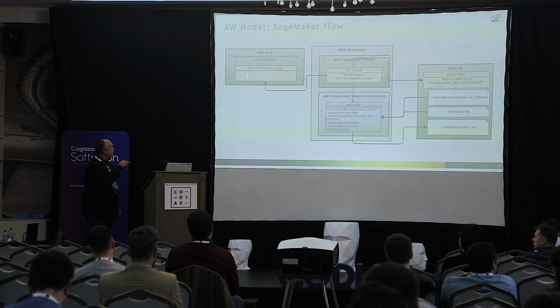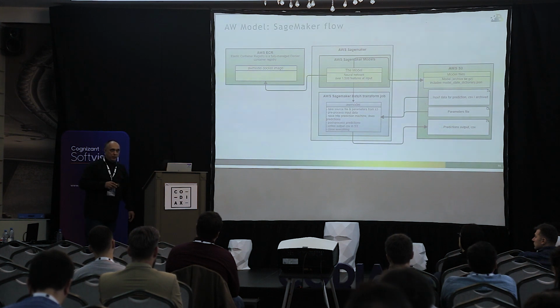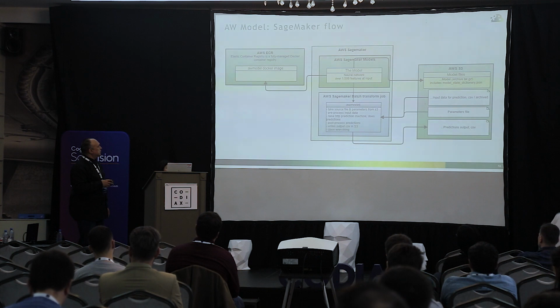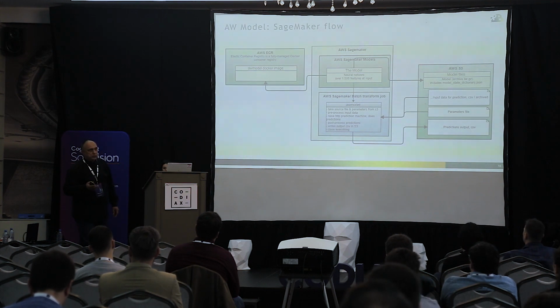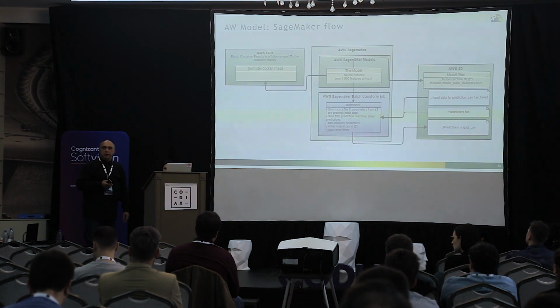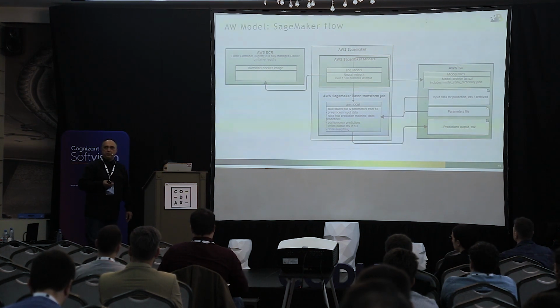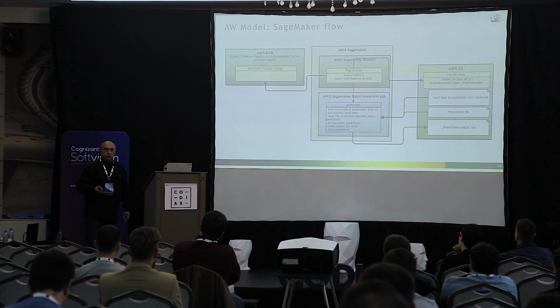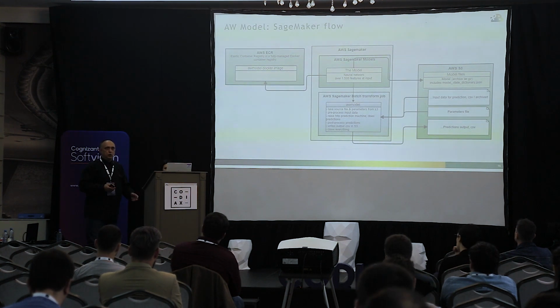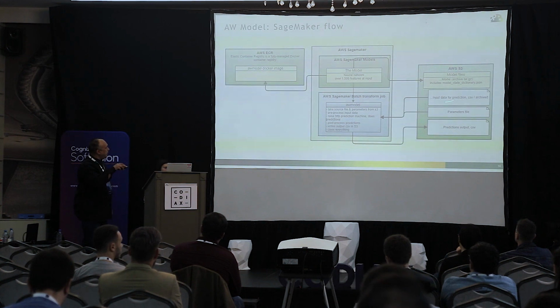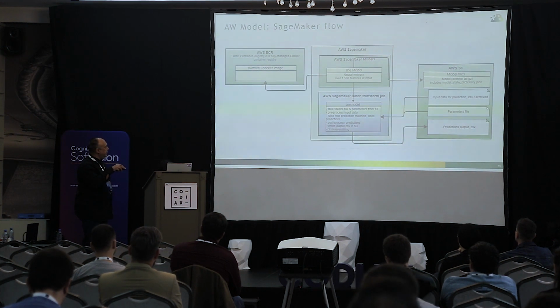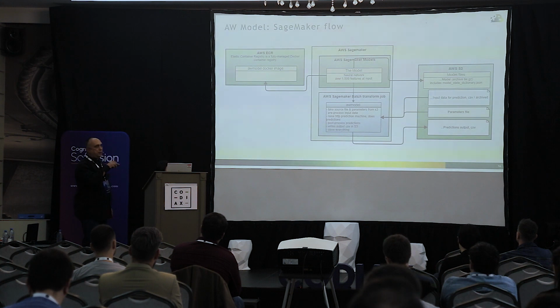In fact, it's inside this Docker. We followed 100% the recommendations done by SageMaker documentation about how to structure the data, how to put the data, how to use the resources. So basically what you see here is that we get data from S3, we put data in S3, but we also get parameters from S3.